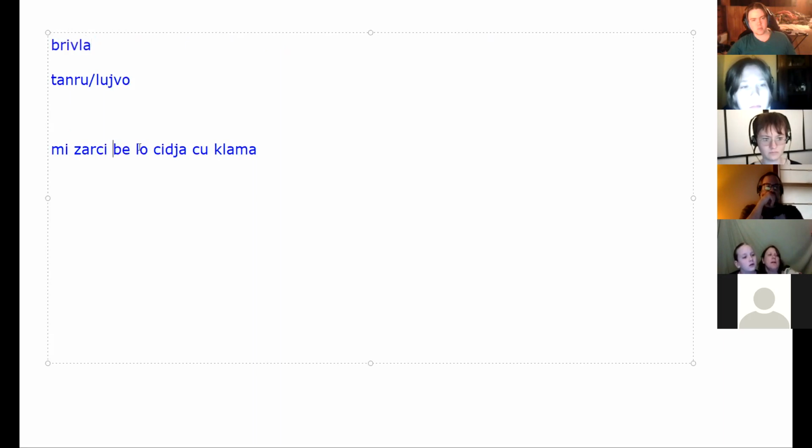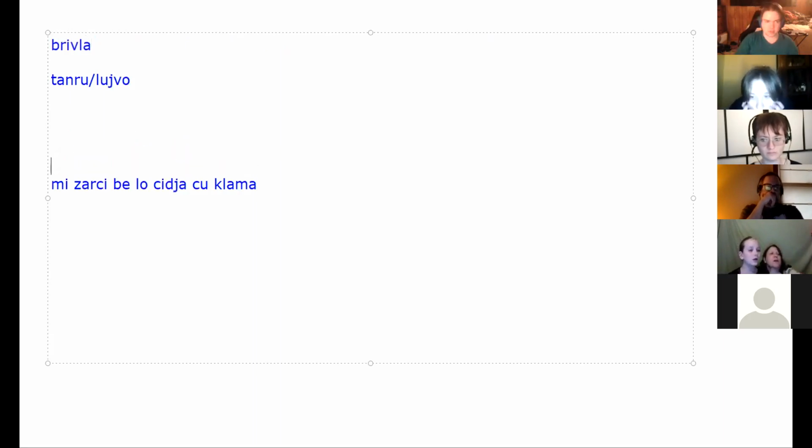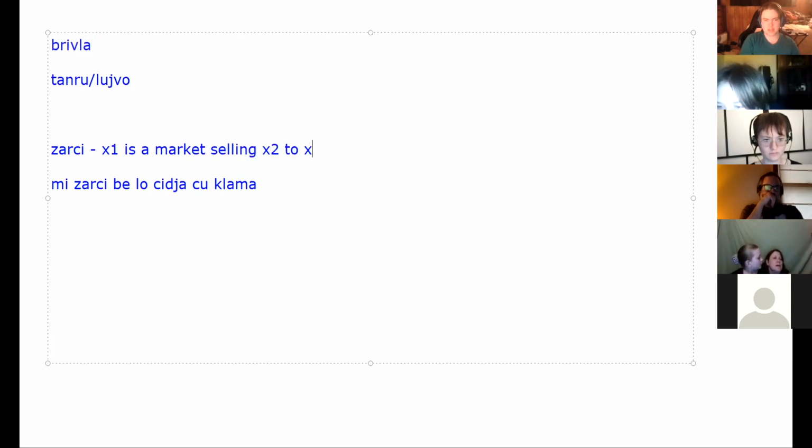Then we've got here, be lo shija is attaching to zarshi, because zarshi is X1 is a market selling X2 to X3. So I'm saying right here we're selling food. I'm going to the market where they sell food, basically.